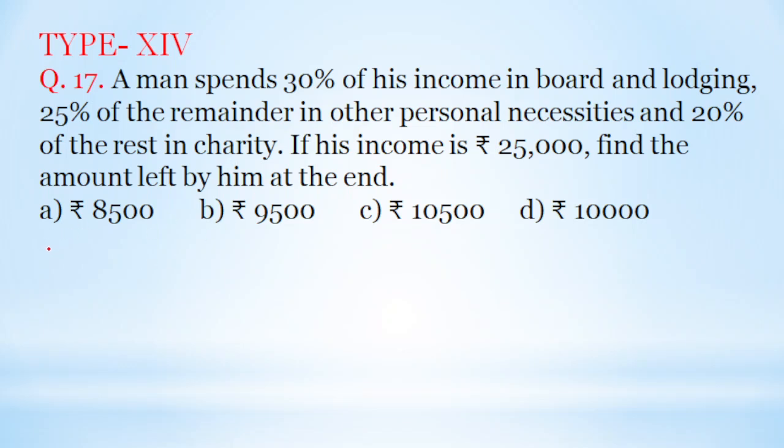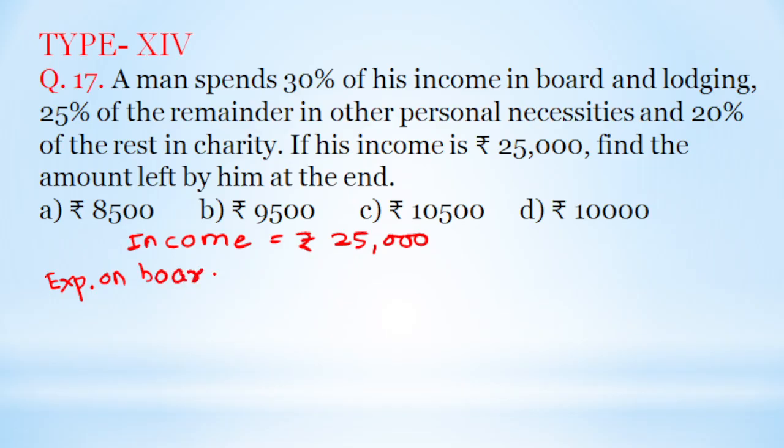First, income is equal to 25,000, and expenditure on board and lodging is equal to 30% of income.